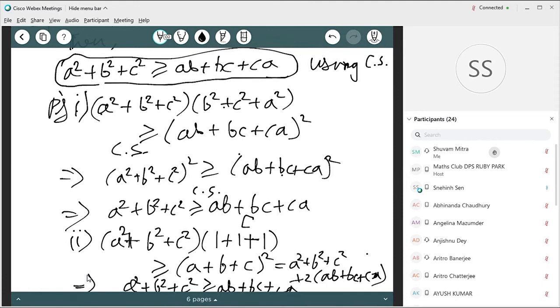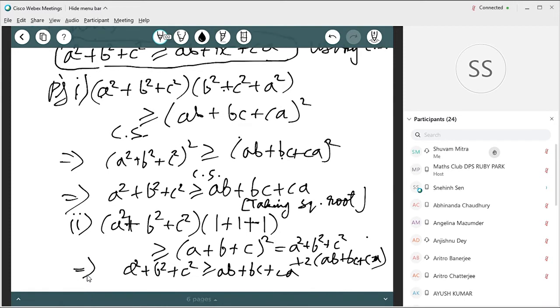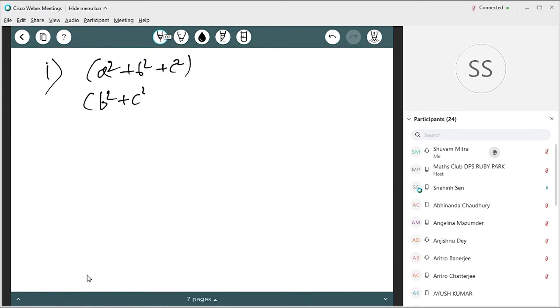Our first bracket was a square plus b square plus c square. Our second bracket was b square plus c square plus a square. So for equality, the ratios must be all equal. So for equality, a by b is equal to b by c is equal to c by a.